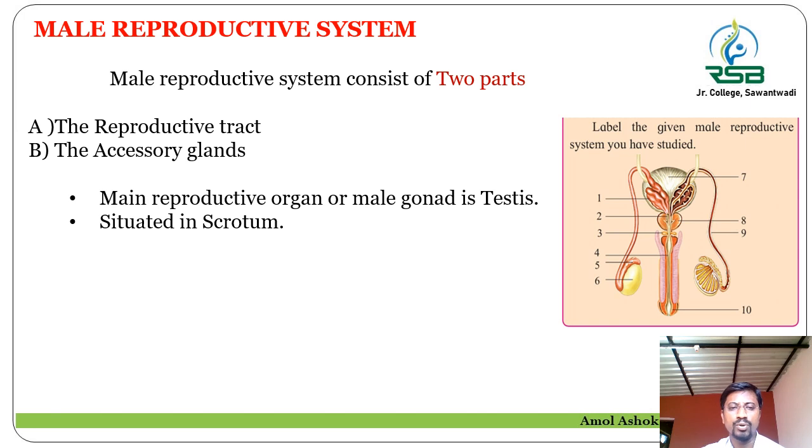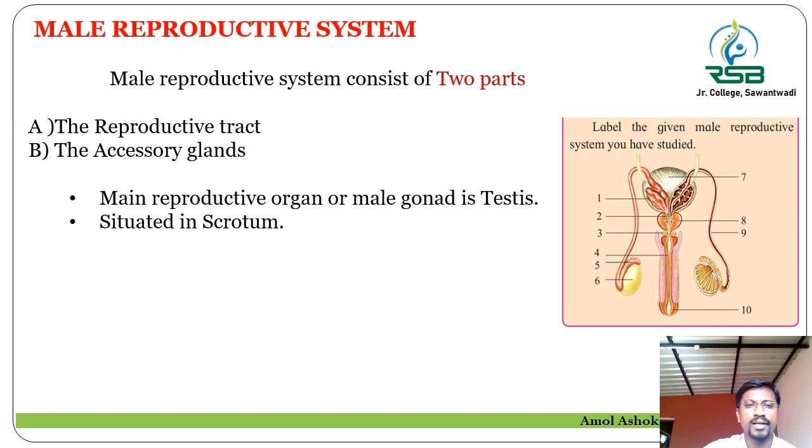So let us come to know what are the parts of the human male reproductive tract. The reproductive tract consists of a variety of parts: the scrotum, then the testis, then vasa efferentia, epididymis, vasa deferentia, ejaculatory duct, urethra, and penis.